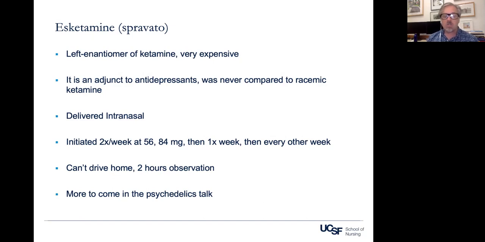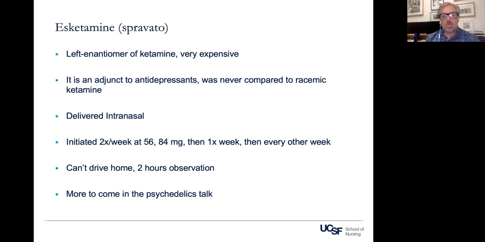So we really don't know head to head if this confers any advantage over racemic ketamine. Certainly some insurance plans will cover it because it has the FDA indication, whereas racemic ketamine was being used off-label, or continues to be used off-label. The other advantage to S-ketamine is that it can be given intranasally, and the joke about this is that most psychiatrists probably couldn't start an IV to save their lives, so an intranasal approach was much more palatable.